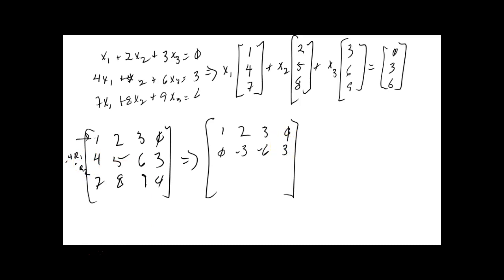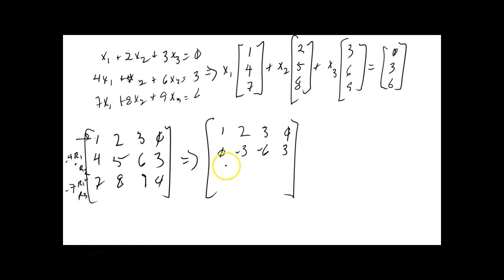All right. And then what do we do next? Negative 7, is that what you said? Oh, okay. Yeah, we'll do that. I was going to go and clear out the next one. What does it become? Negative 7, row 1 plus row 3, right?